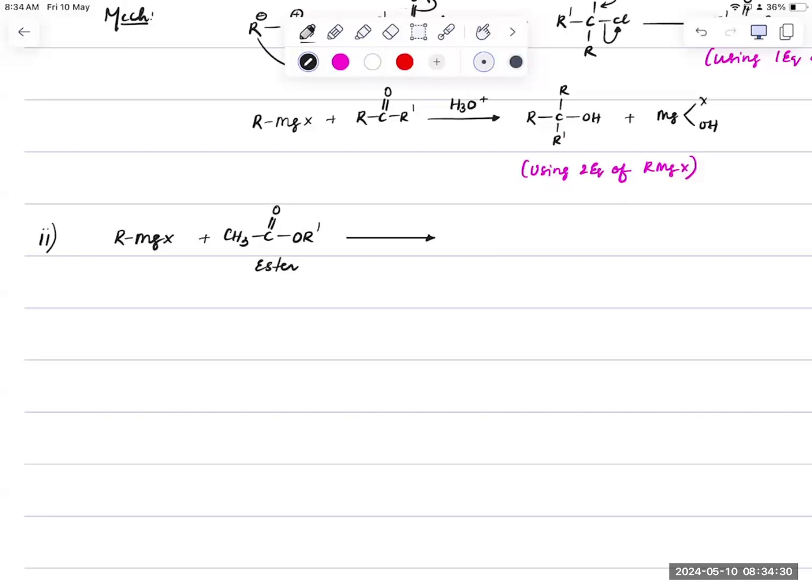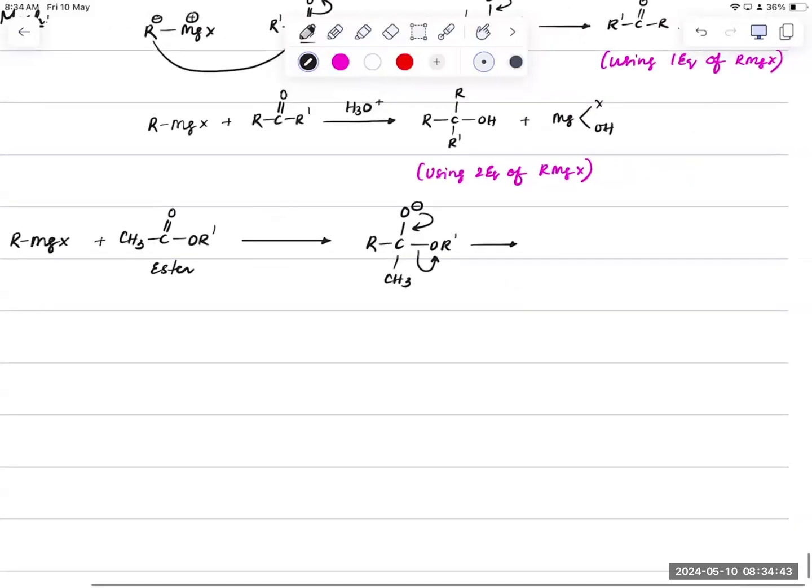Now, first R will attack on carbon, makes this as O minus CH3 and OR dash. As soon as it closes here, this group will come out. I'll get RO minus MgX plus R C double bond O CH3.